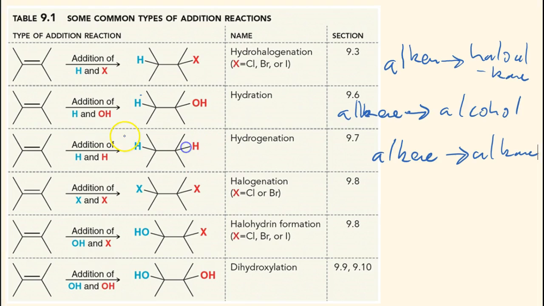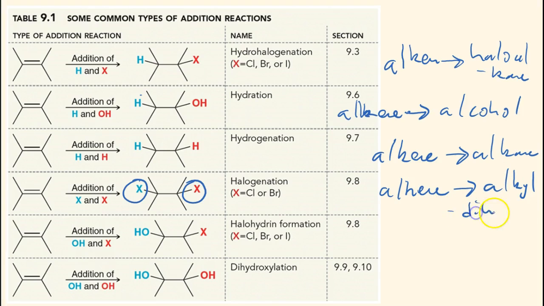Instead of using an acid, we can use a molecule of either Cl2 or Br2 to add a halogen to both of the formerly sp2 hybridized carbons. And now we've gone from an alkene to an alkyl dihalide.